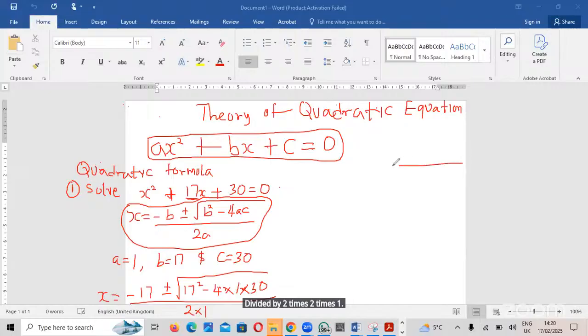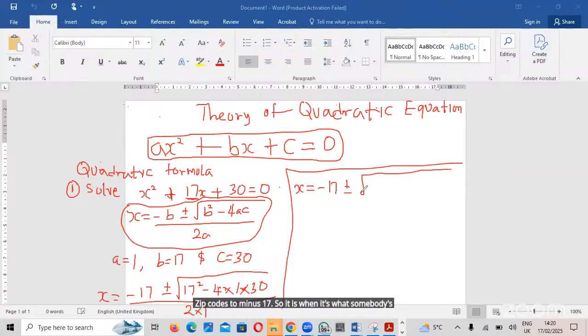So x is equal to minus 17 plus or minus the square root of 17 squared, minus 4 times 1 times 30, over 2. 17 squared is what, somebody? 17 squared is 289. 4 times 1 times 30, what would that give us? That's 120.